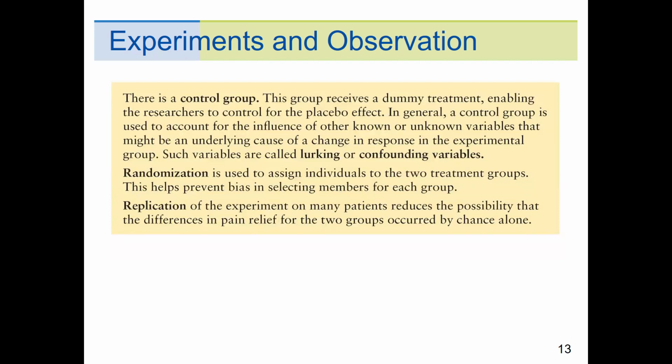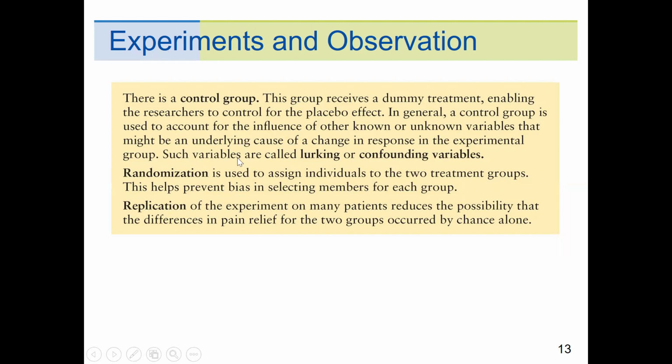Okay, you can pause this if you need to, but it's in your notes. The control group, again, we try to avoid some of these. The control group is used to account for influence of other known or unknown variables. So maybe there's variables that we didn't really know would affect our study before doing the study, but then they end up showing up as something that caused certain things to occur.